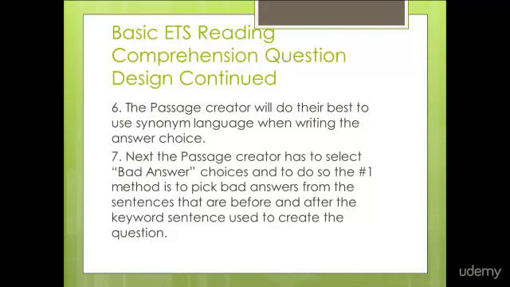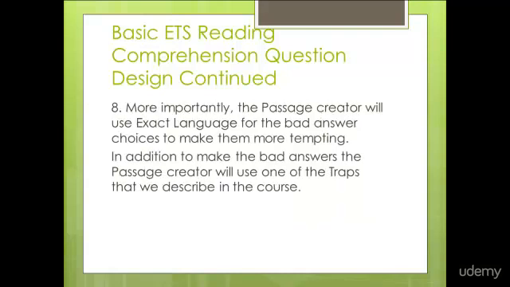Our methodology is designed right around the same process that ETS uses to create the actual questions. So you have a lot of coherence between our methodology and their question answer process.